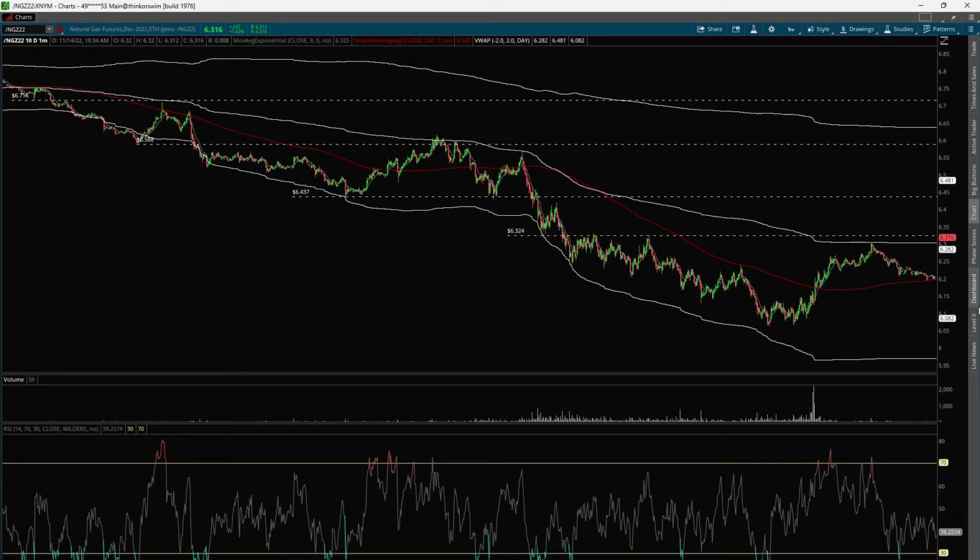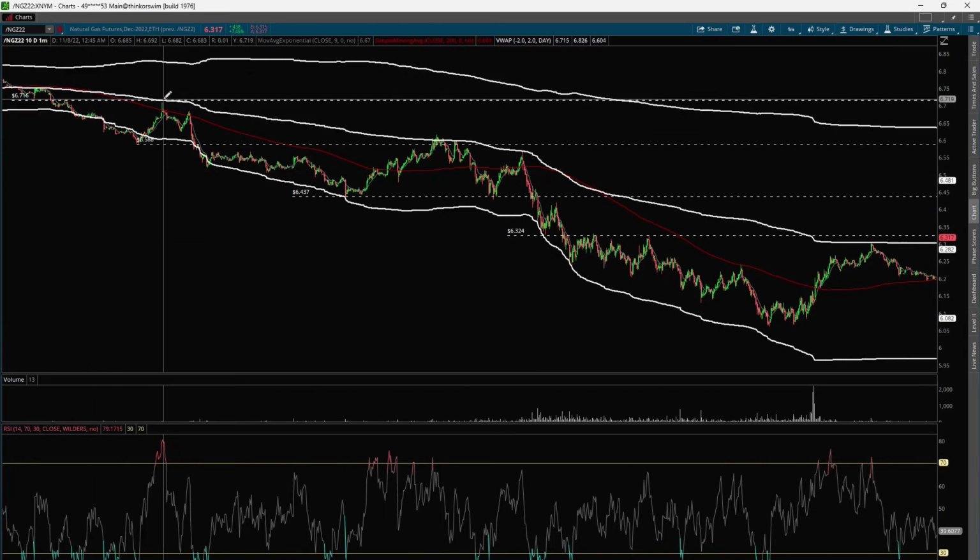And one of the things to point out is we do want to be careful with these levels, and how they typically work. If you want to structure a trade off of the level, you typically want to enter near the level with a stop loss above the level. Because if you think about it, this level really shouldn't break by much.